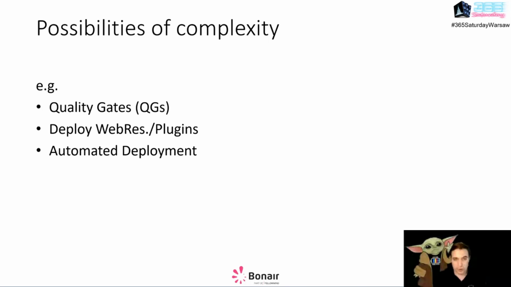We could automate our deployment. For example, whenever we check in something, we want to trigger our first pipeline, or whenever our second pipeline is ready, we want to create a release. And this one we will take a look at. We could add a quality check for our pull requests.